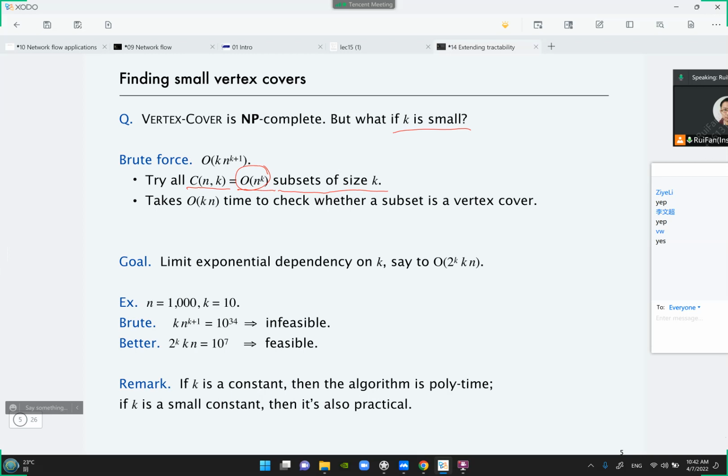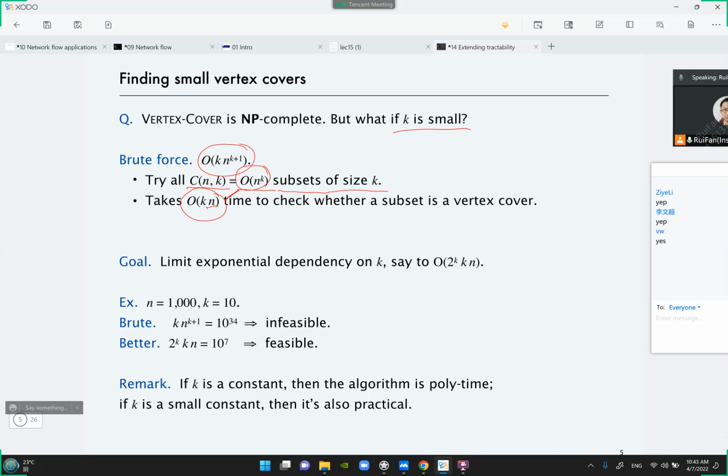And for each subset, I need to check whether the subset can cover all of the edges. That's going to take order n times k time, because for each of these k vertices, I need to check all its neighbors, and it can have up to n neighbors. So the total time for this pure brute force algorithm is the product of these two things, which is this thing over here.